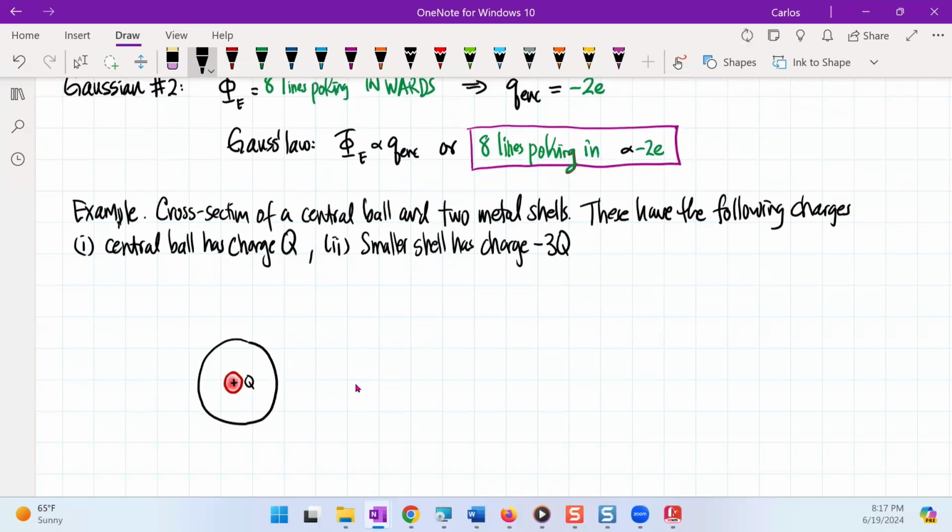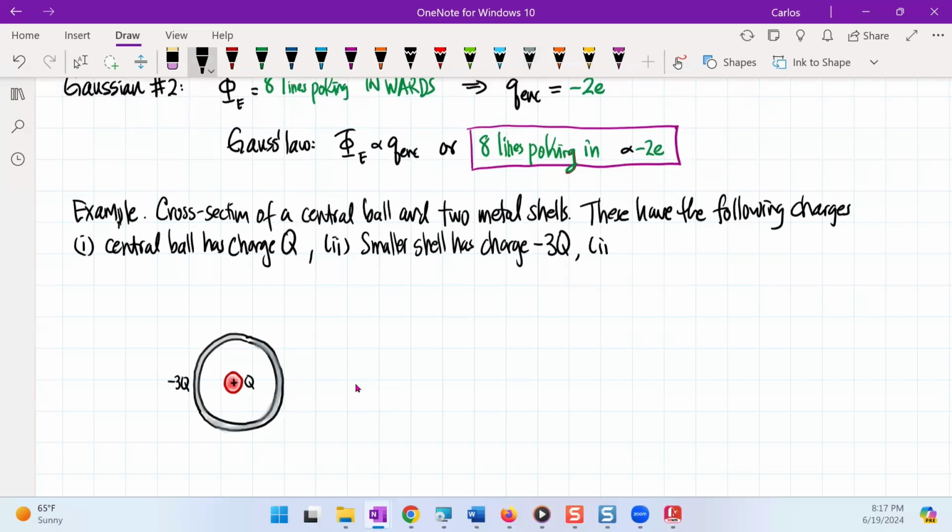And it's going to be thin, but I'm going to draw it just a little bit thicker to remind you that we're dealing with the shell. So this metal shell has a charge of minus 3Q.